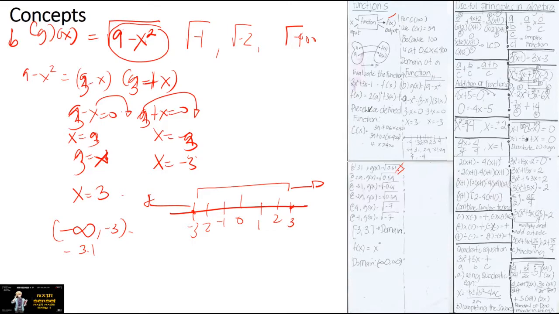Then from negative 3 naman to 3, try natin negative 2.9. Lumabas, in between na, nandito na siya. Nasa loob na siya ng boundary ng dalawang ito. Positive, okay yan. Check yan.